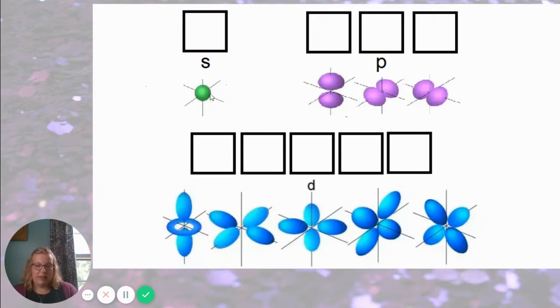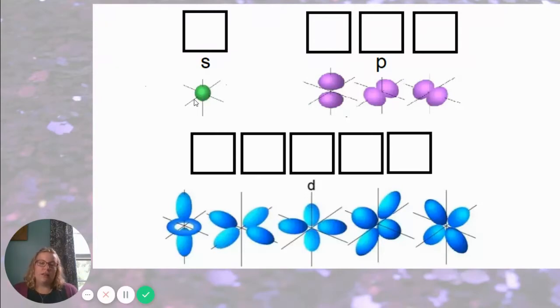Again, the nucleus is at the intersection of the X, Y, and Z axes that you see on your screen. So all S's look like this. Each orbital can hold 2 electrons, so the S shell can hold 2 electrons because there is only one type of orbital that makes it up, the spherically shaped orbital.